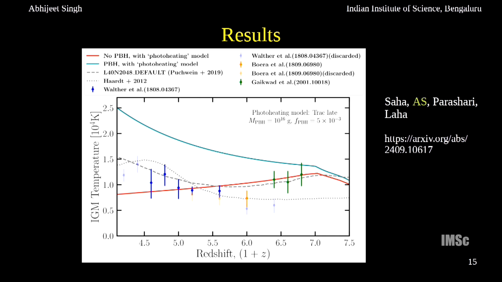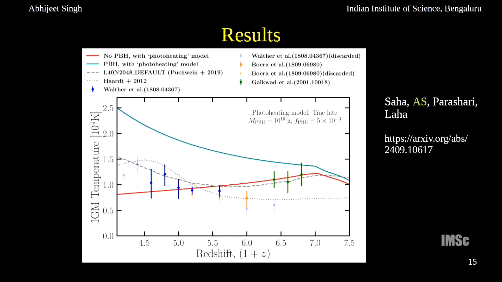The different colors are due to the different data sets that we use. Focus only on this, don't focus on these faded data points. They were present in the data set, but we neglected them because they were in tension with some other points.